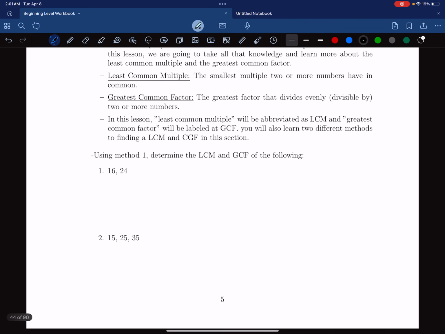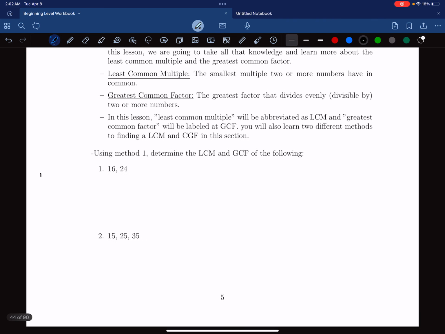So let's first work through these couple examples, and we're going to use this first method, or method 1. And this first method is good to use in order to understand what the least common multiple and greatest common factor actually means. So with that being said, let's work through it.